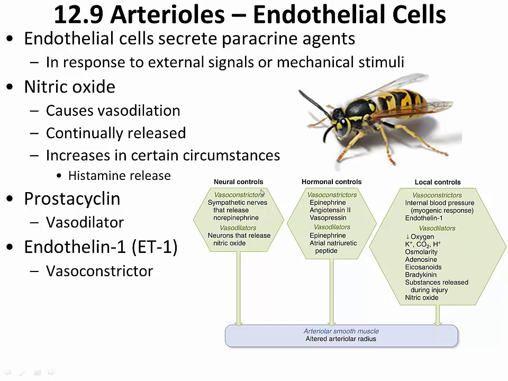And then finally, we talked about neural controls, neurotransmitters released by the sympathetic nervous system, but not parasympathetic, that modulate the contraction state of smooth muscle associated with arterioles.